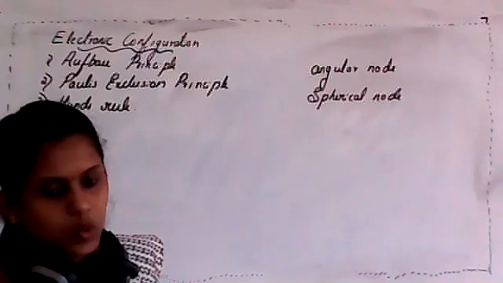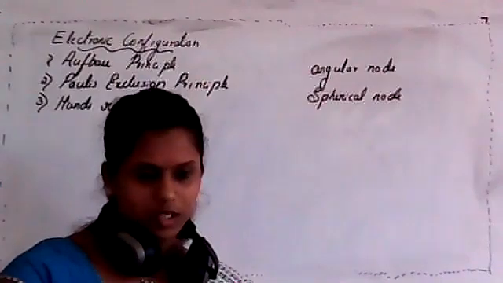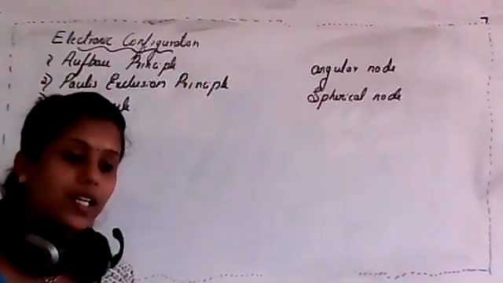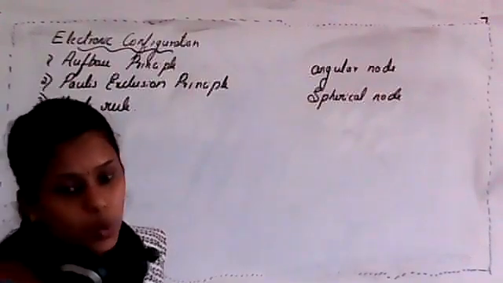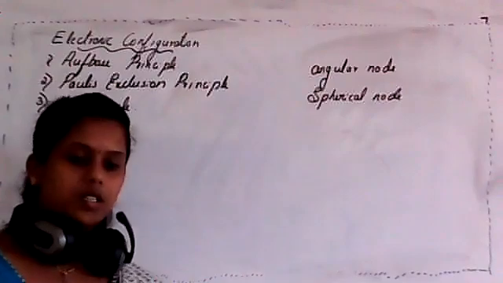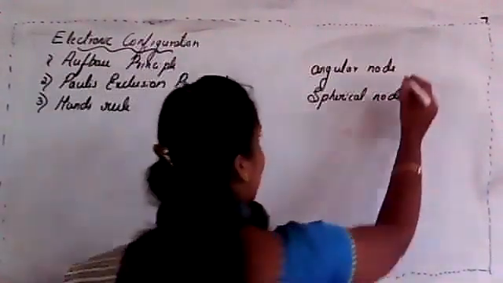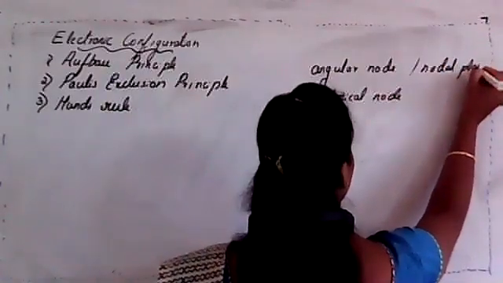Nodes are nothing but where the probability of finding an electron is zero, isn't it? The region where the probability of finding an electron is zero is known as a node. So now the question, what do you mean by angular nodes? It is also known as nodal plane.